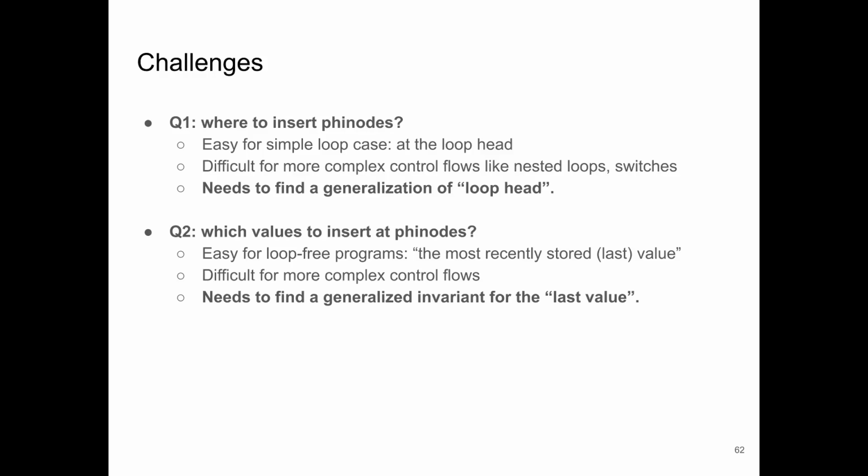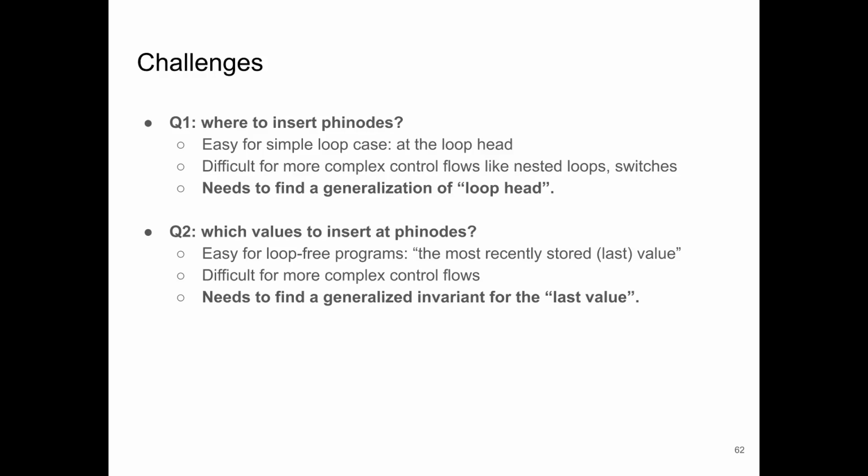But when the control flow becomes a little more complicated, it is difficult to see, or we haven't studied where to insert these phi nodes. So we need to somehow generalize the notion of loop head as places to insert the phi nodes, a more refined notion than just real loop heads.